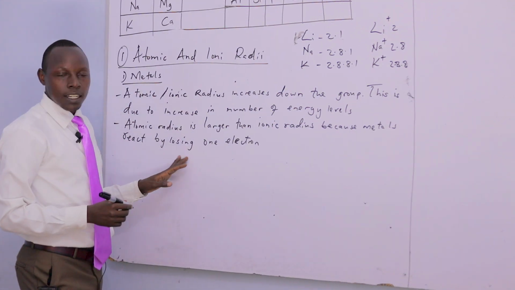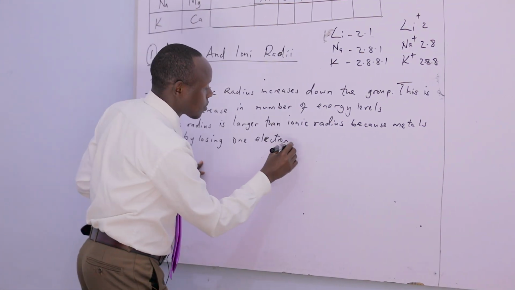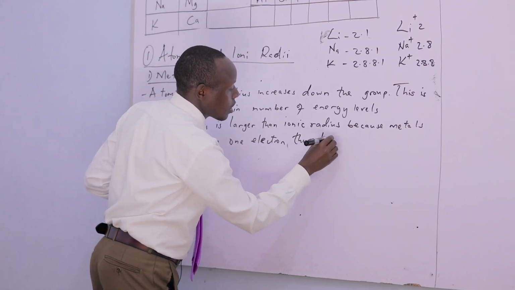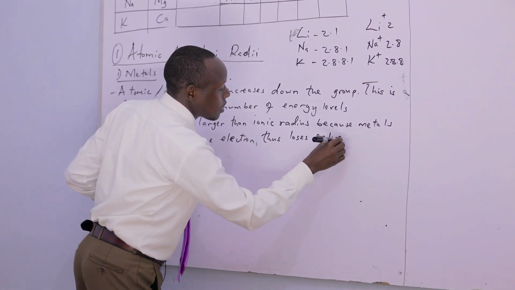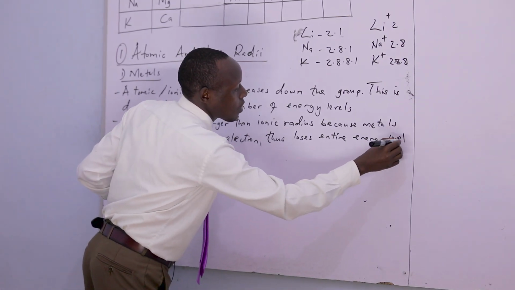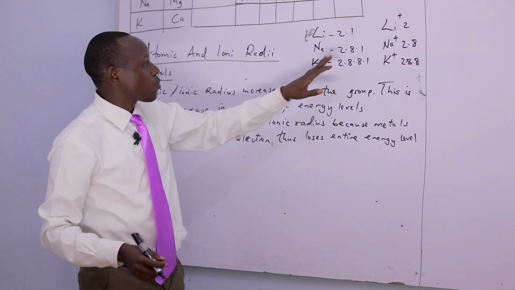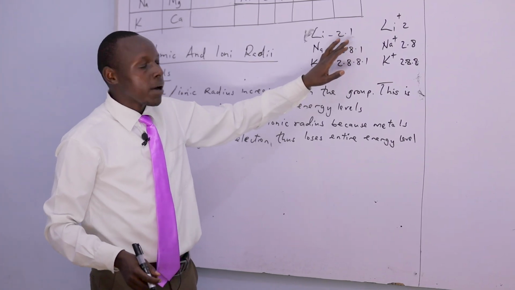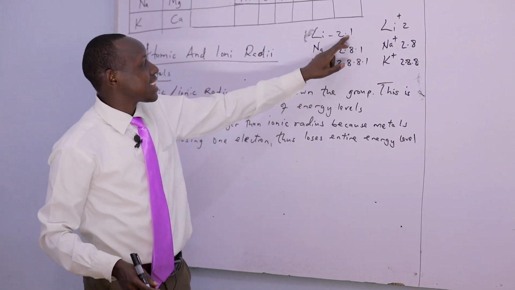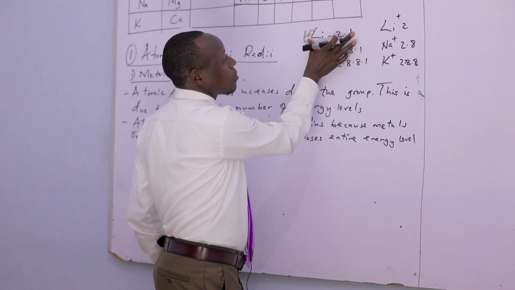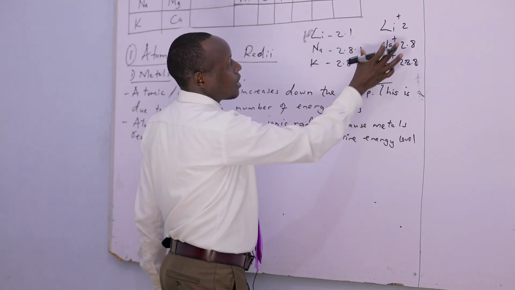So because they react by losing one electron, in the process, they lose an entire energy level. So they do not just lose one electron in the outermost energy level, but they also lose the entire energy level. In the process, the atom is larger than the ion.